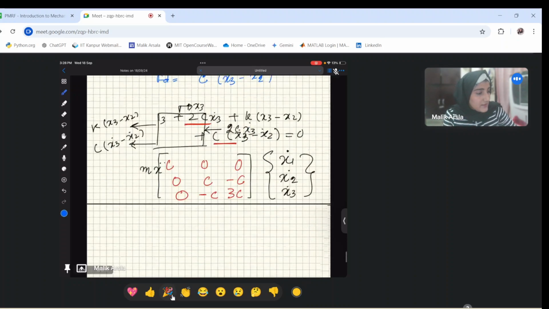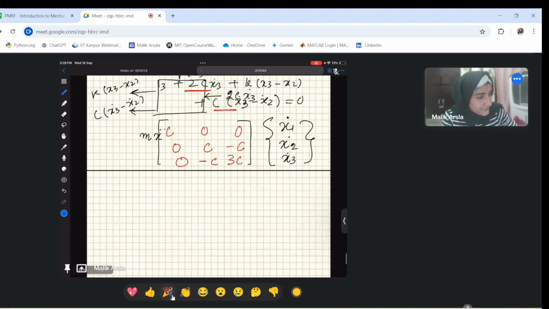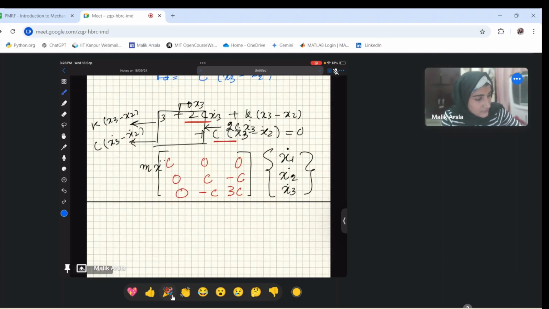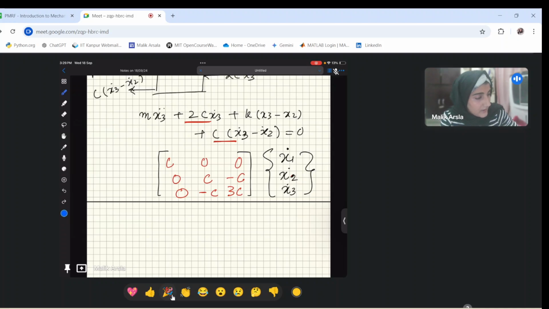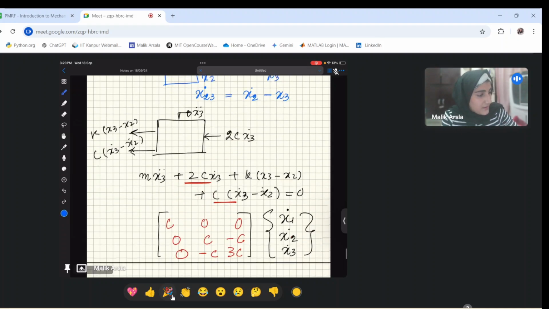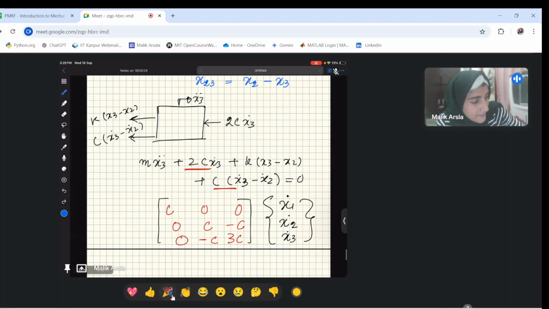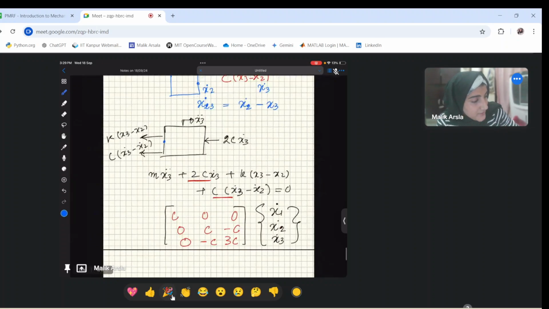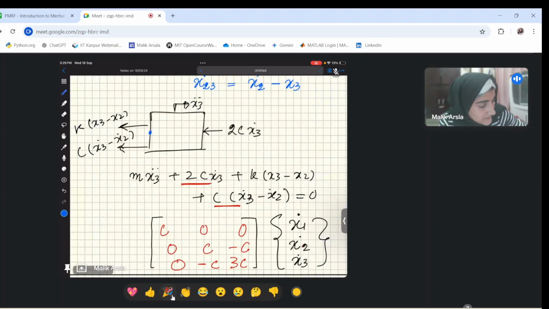Now similarly, when I consider this mass, here again I am considering this point. The relative velocity here will be the relative velocity of x3 with respect to x2.